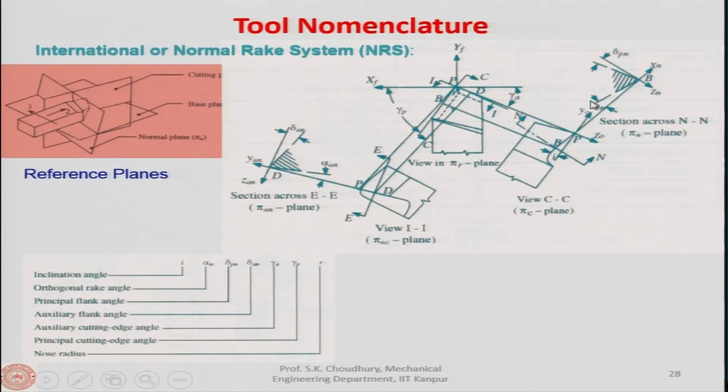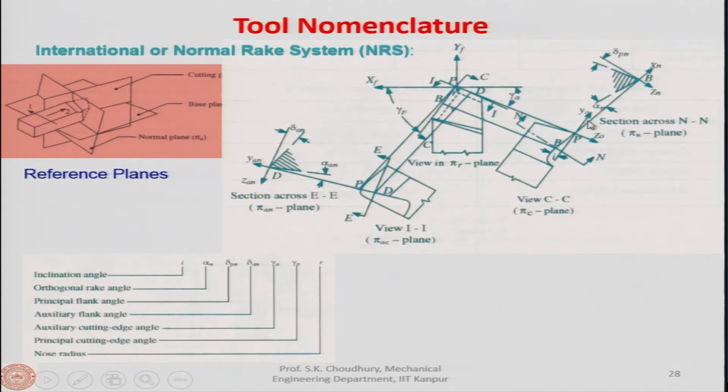One angle is called the normal rake angle and another is called the auxiliary normal rake angle, because this view is along the auxiliary cutting edge, and this is normal to the cutting edge. So, therefore, this plane is called the auxiliary normal plane, all right.